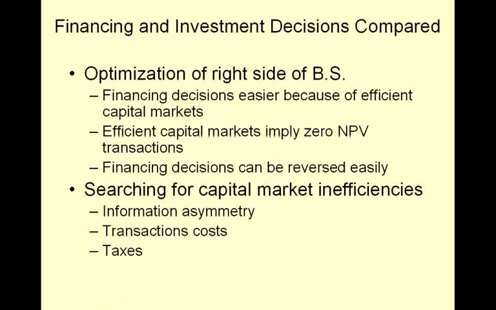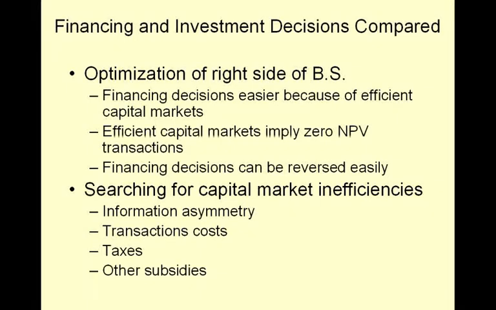In particular, we're interested in the different tax treatment of different financing options. And finally, there are other subsidies, such as low-interest loans to students, to take into account. The existence of financial market inefficiencies often points the way to optimal financing decisions.